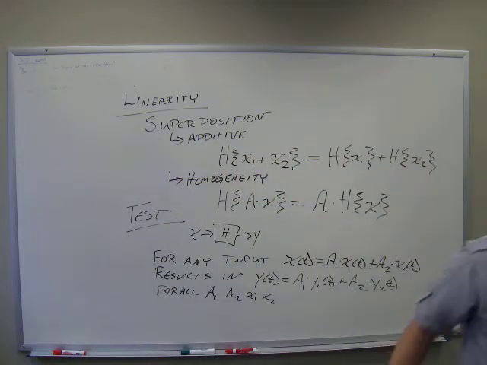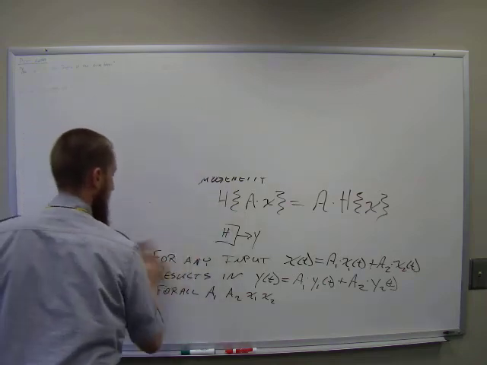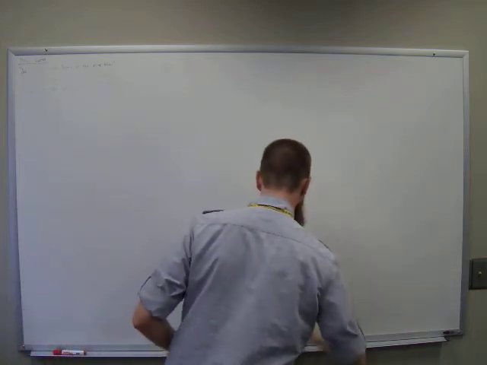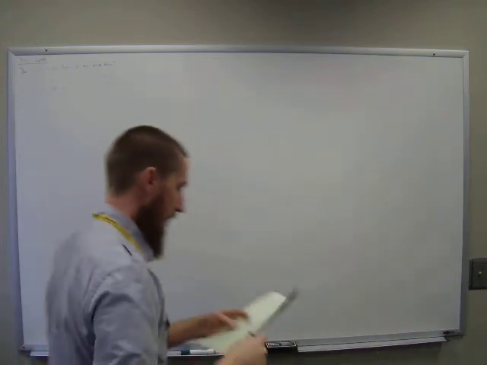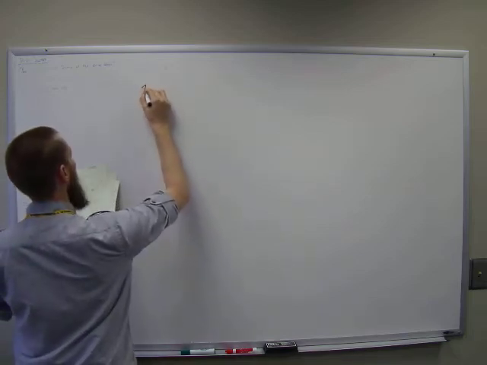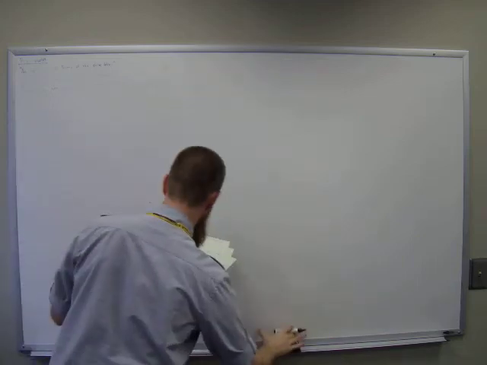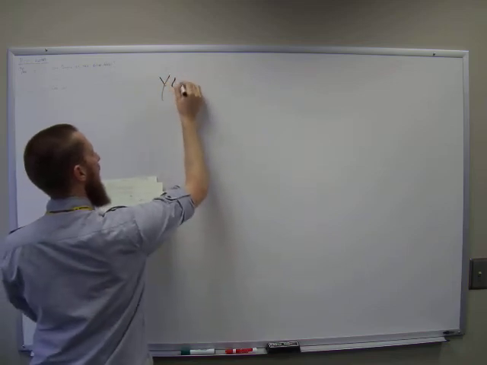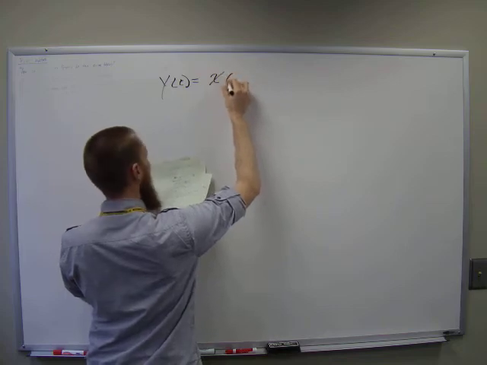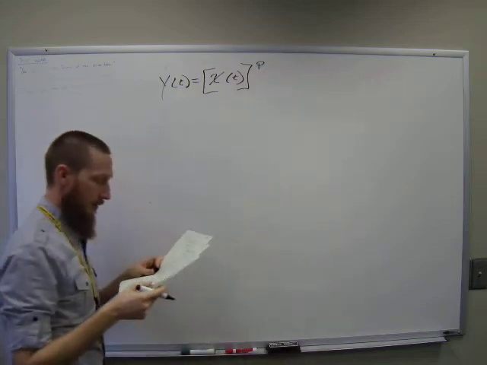So now, let's look at a couple of specific systems. Consider a system where we have y of t equal to x of t raised to the power of p.